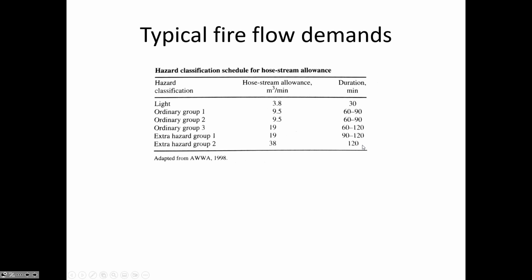They're expecting that the fire potentially could take 2 hours to bring into control. If you multiply those two things together, 38 cubic meters per minute and 120 minutes, what we're saying is that you need to be able to have 4,560 cubic meters of water available to fight that fire.